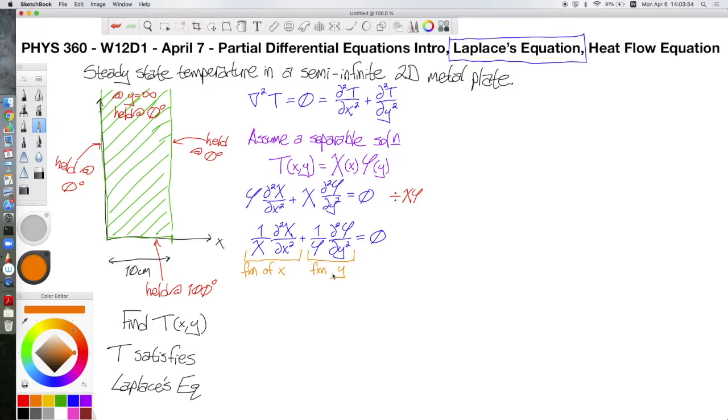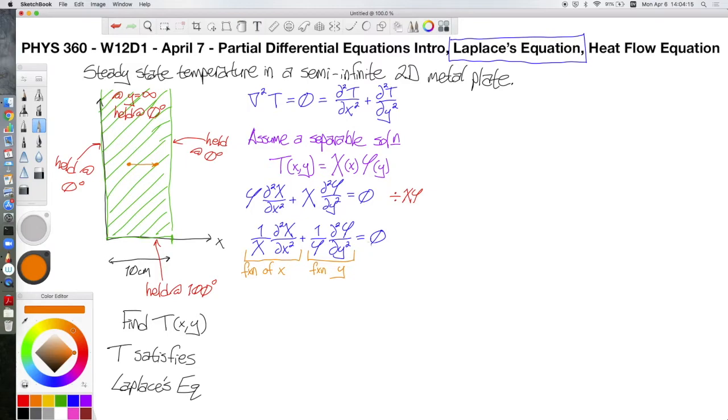If you're not convinced of that, consider some location in here that satisfies this condition. If we add the x function to the y function and we get 0. Now keep y constant and just move x, say moving over to there.